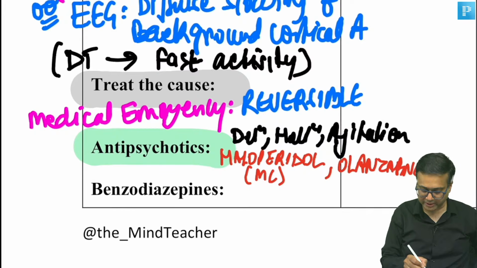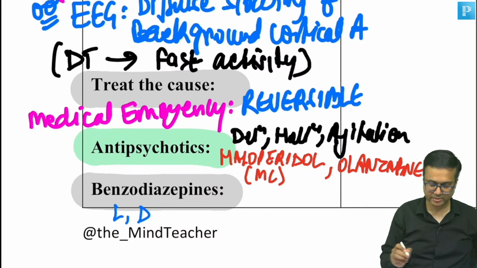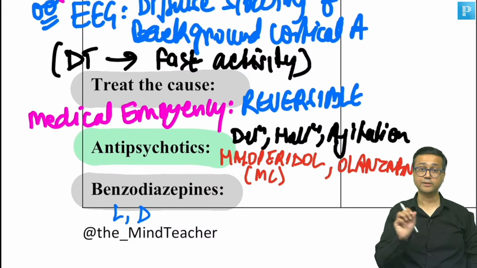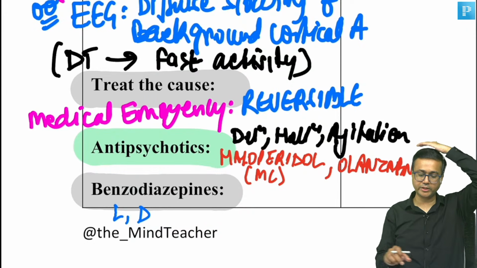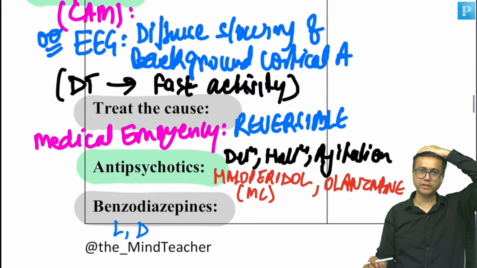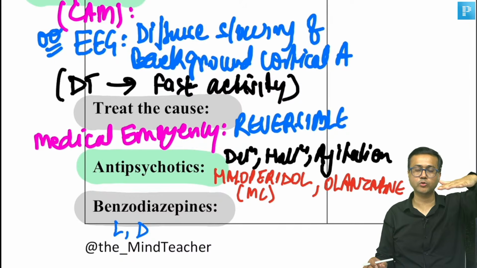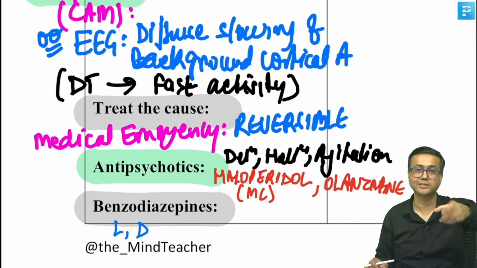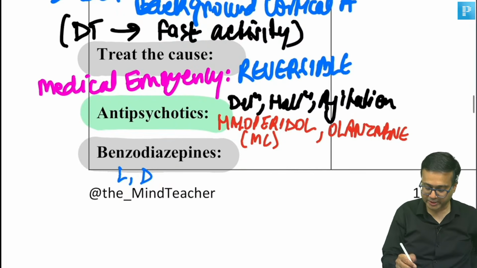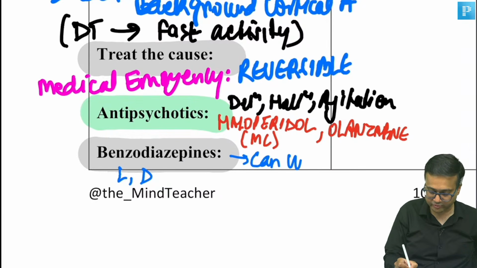And we can also use benzodiazepines, beta. See, benzodiazepines we have such as lorazepam, diazepam, so many benzodiazepines. But see, in EEG we are showing, can you appreciate, diffuse slowing of the background cortical activity. And we also know benzodiazepines are central nervous system suppressants. So please be very careful, beta. Sometimes benzodiazepines can worsen delirium.